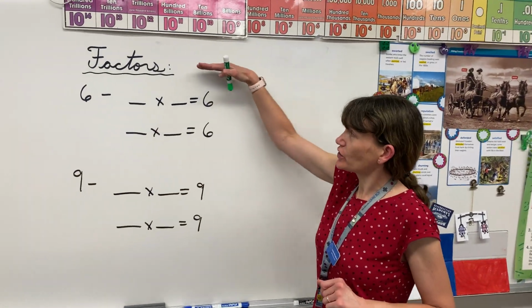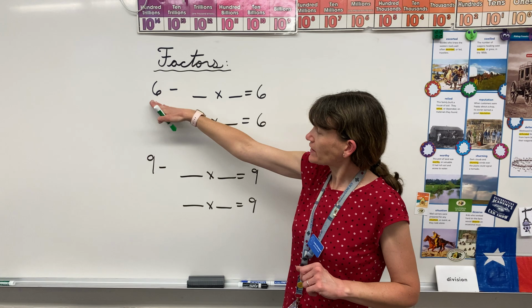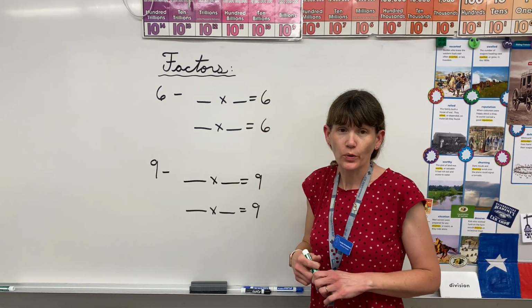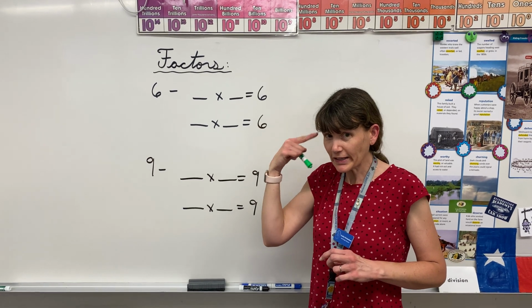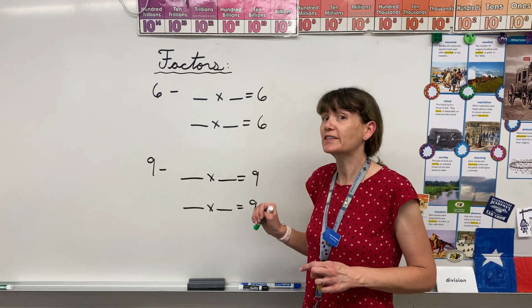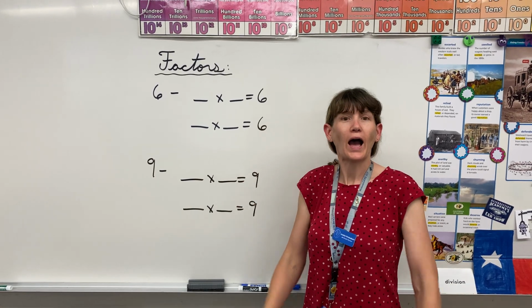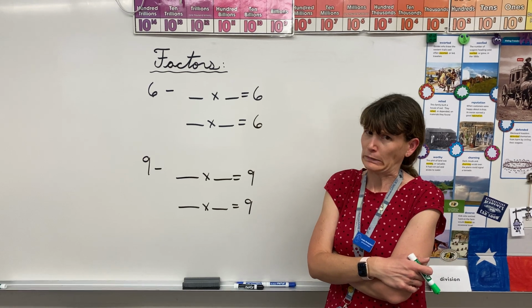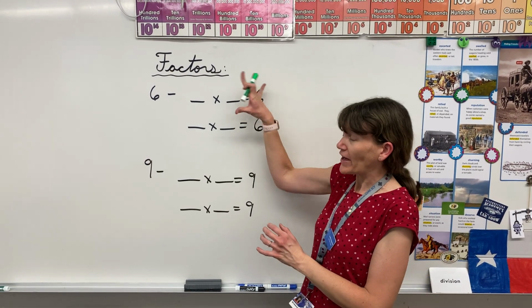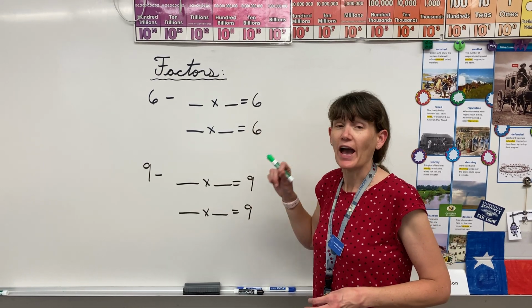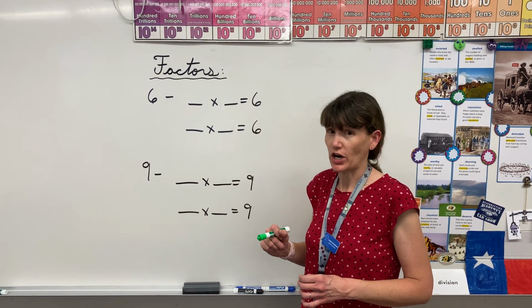So what we're taking a look at are the factors of 6 and the factors of 9. Now, those of you that have your multiplication facts really well in your head, you probably can look at 6 and 9 and go, oh yeah, I know what that is. But if you're sitting there going, I'm not sure, then the best way to do it is to write out the factors of both and then to see what they share.